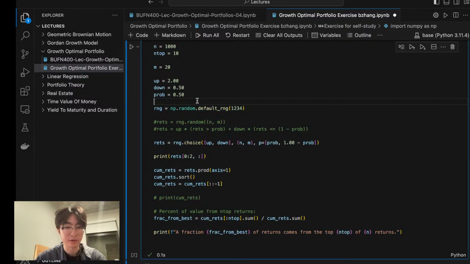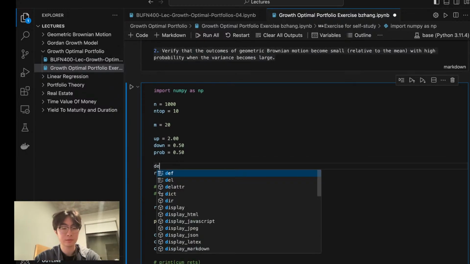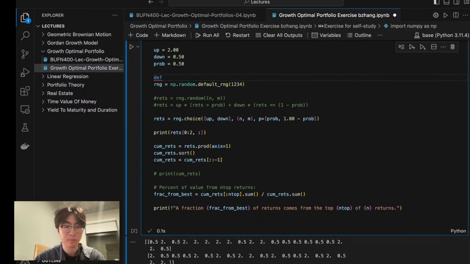I guess we can make a function here, right? So up, down returns choice. So def.